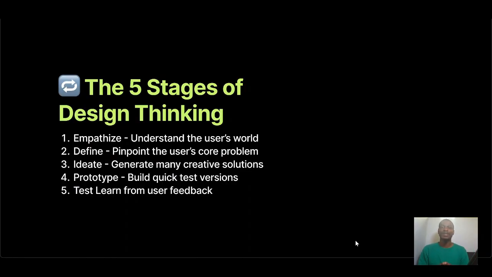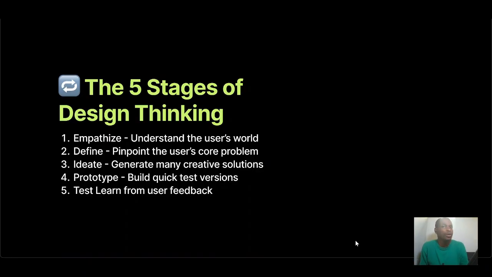Once this is in place, the number four thing that takes place is what we call prototype, or designing. Now, you've already empathized, you've already defined, you've already thought about a creative solution, you know what the problem is, and you know how to solve the problem. This is now implementing those solutions. Let's give a practical example. You are trying to work on a platform for people with visual impairment or disabilities of any sort.